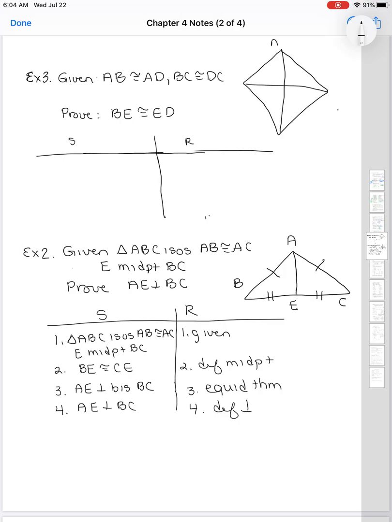We're given that AB is congruent to AD and BC is congruent to DC. And we want to prove that BE is congruent to ED. And we have this figure again. So we have A, B, C, D, and E.